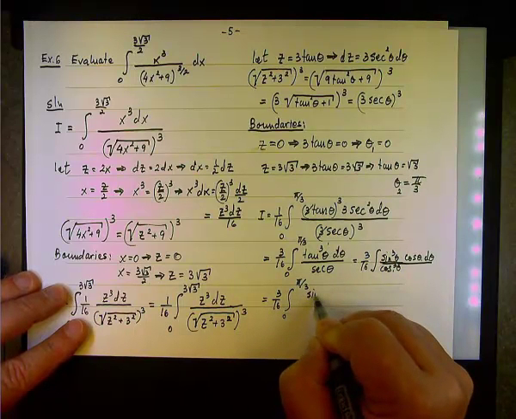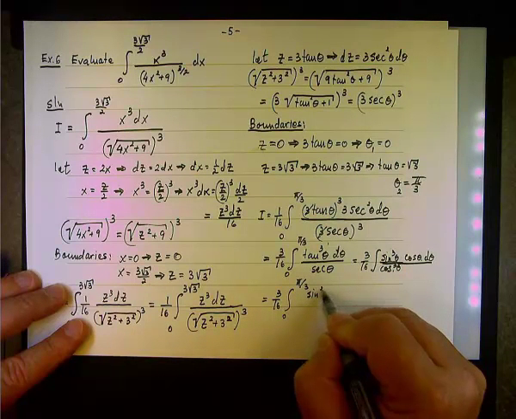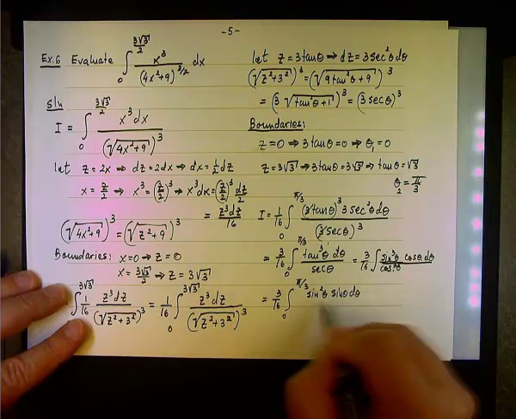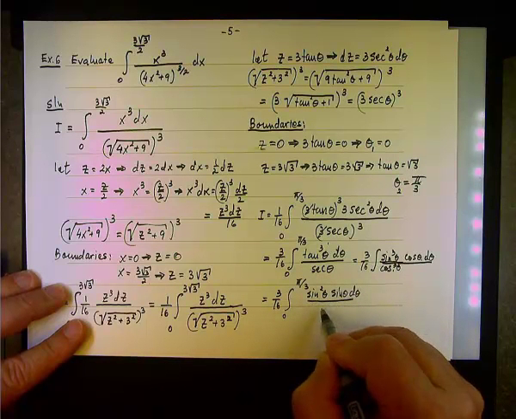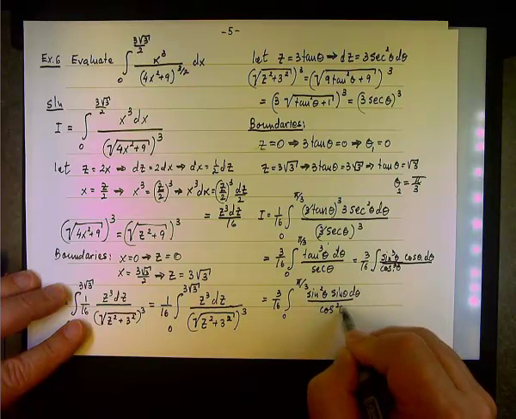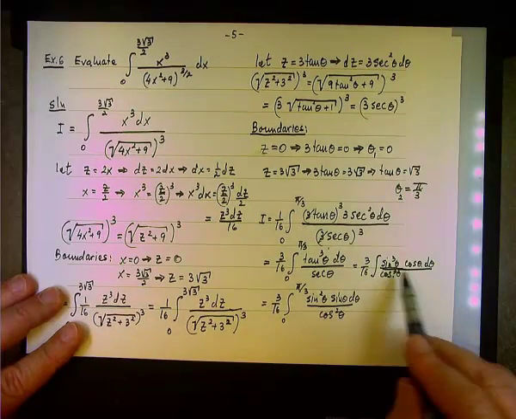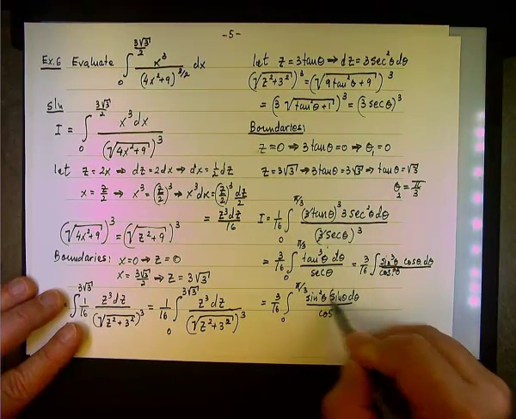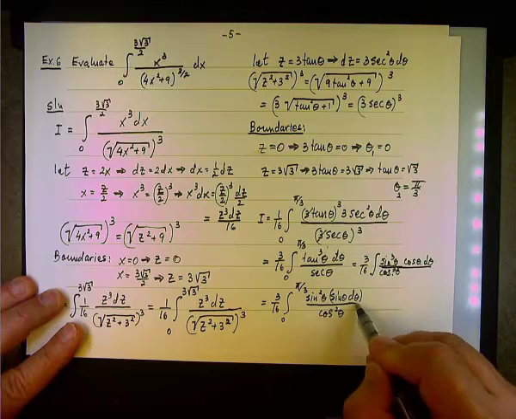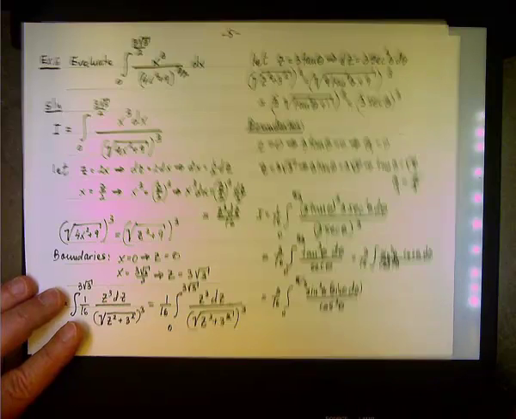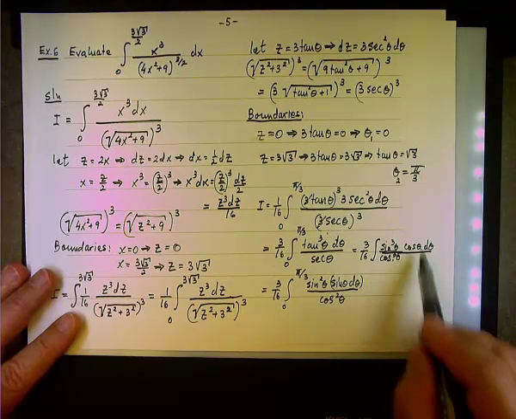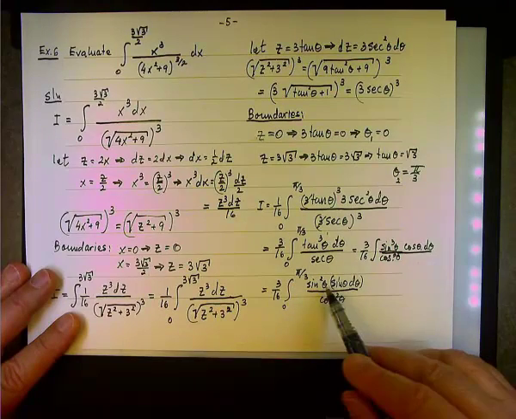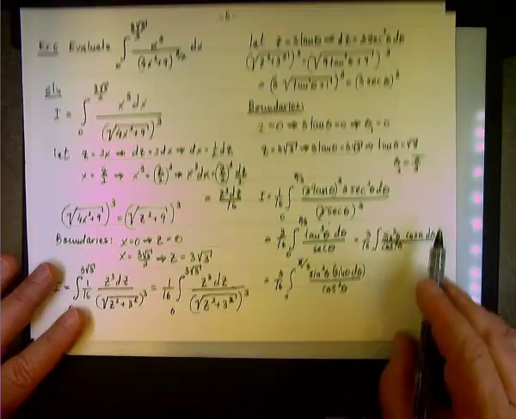I'll break it down to sine squared theta, sine theta d theta divided by the cosine squared of theta. Now, why did I do it? Because I have an odd power of the sine, and sine theta d theta is the differential corresponding to cosine. Again, cosine divided by cosine cubed gives me cosine squared.